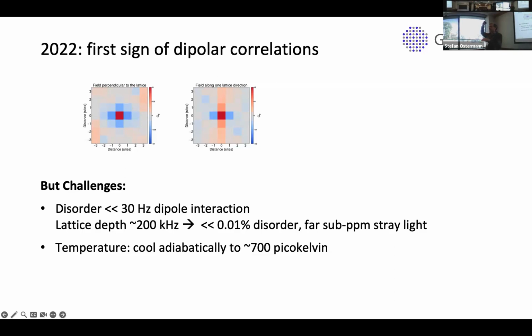And so that means our disorder has to be 100 times smaller or so than in our other experiments. Otherwise, that would be the dominant part, right? So you have a 200 kilohertz lattice, but it has to be flat to within a few hertz. That's one challenge.